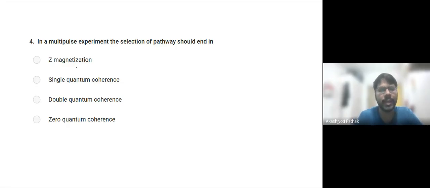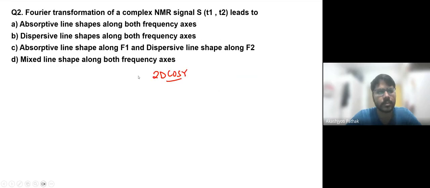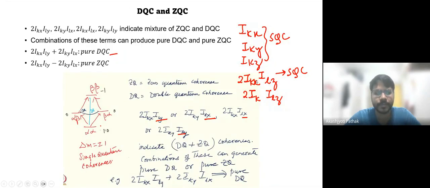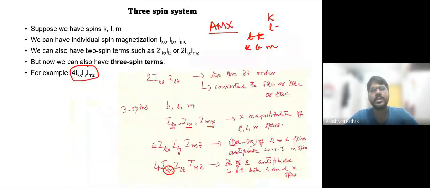So it should end in a single quantum coherence. We had seen this in the slide as well. Ultimately the magnetization must be converted into single quantum coherence for detection. Okay, so these points are clear.